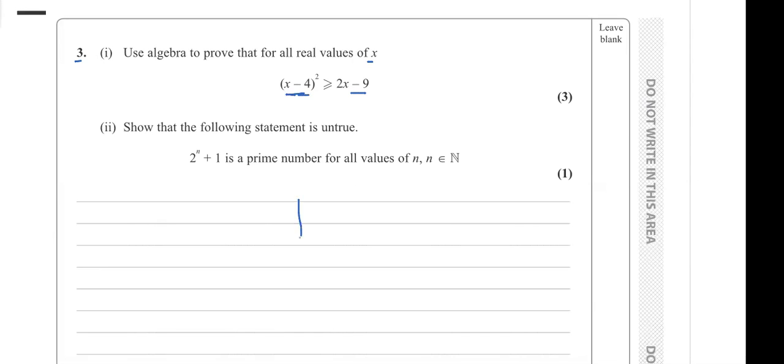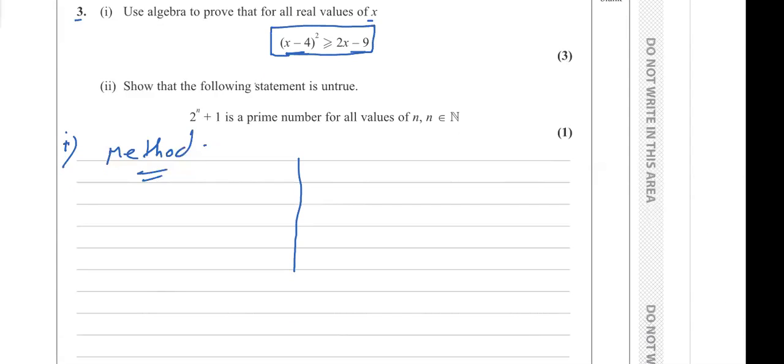So method number one, for part one. Let's see. You can say, okay, let's suppose that it is true. Suppose the given statement is true, and then we will check with mathematical support whether it is true or not.